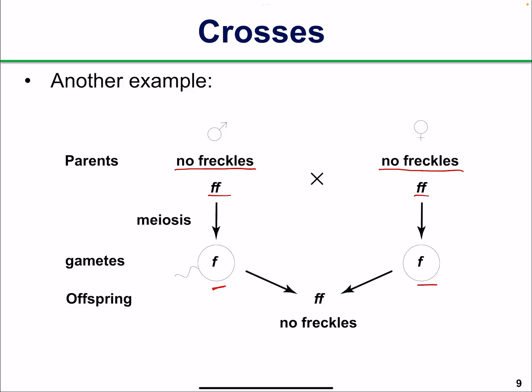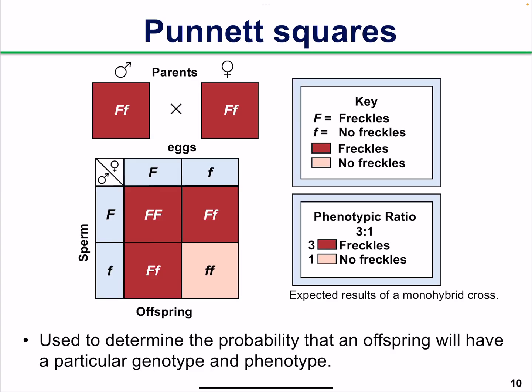The egg is only going to have one possibility, lowercase f. And when you are crossing lowercase f and lowercase f, you're going to have a zygote or an individual that is lowercase f, so with no freckles. So in other words, there is no chance that two individuals without freckles are going to have a child with freckles. That is not going to happen. That's at least what this example shows.